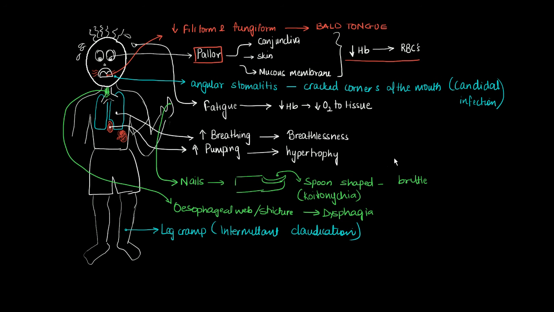There is a term used for the combination of koilonychia and esophageal strictures seen in iron deficiency patients, postmenopausal women, and that is called Plummer-Vinson syndrome.